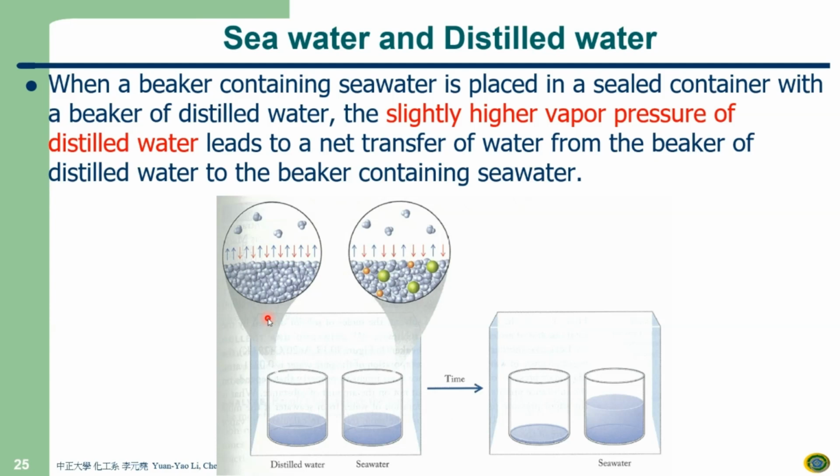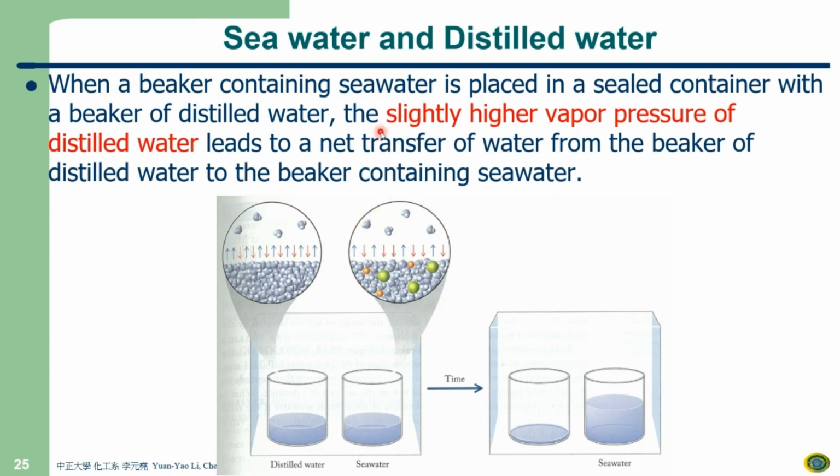And this is a very interesting experiment. A beaker containing seawater is placed in a sealed container with a beaker of distilled water. So this is the pure water, this is seawater, and you have a container which is a closed system around these two.